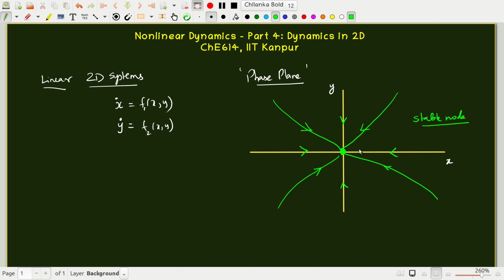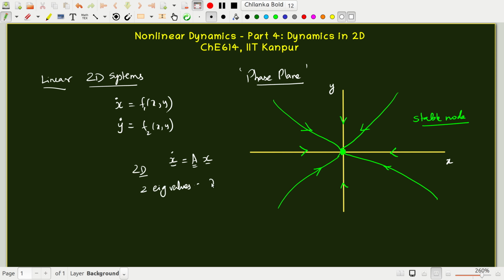So how do you understand whether this is a stable node or not? Of course, you have to look at the eigenvalues of this linear system, which we wrote in general as x dot is equal to Ax. Since we are considering a 2D system, there are two eigenvalues to this matrix.